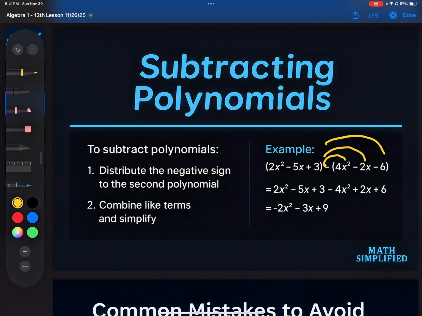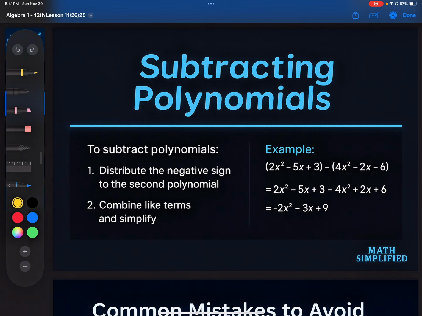So instead of 4x squared, now it would be negative 4x squared. Instead of negative 2x, it would be positive 2x. Okay, and then instead of negative 6, it would be positive 6. Because negative times negative is positive, okay? So now it would be 2x squared minus 5x plus 3 minus 4x squared plus 2x plus 6, okay?